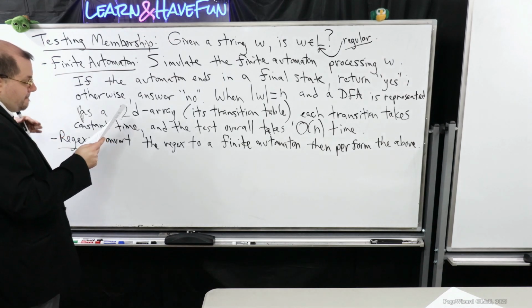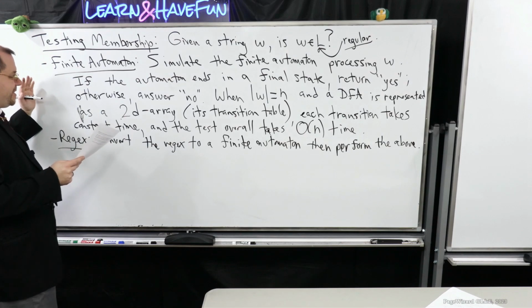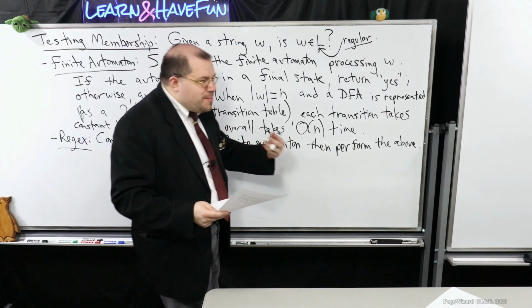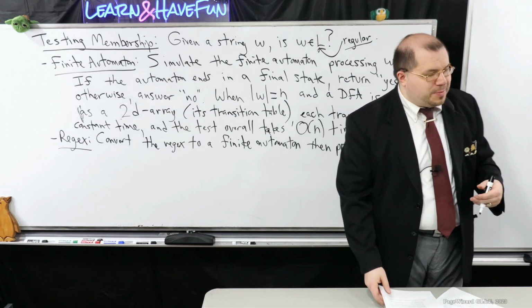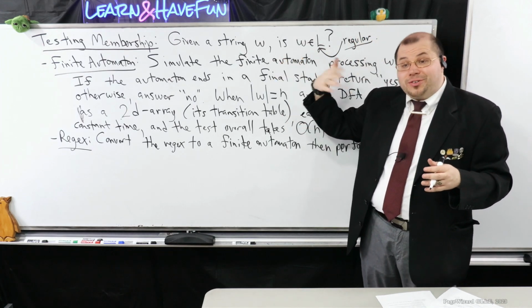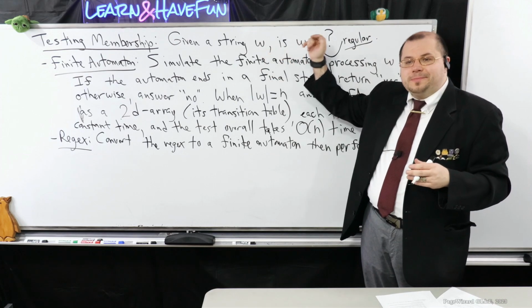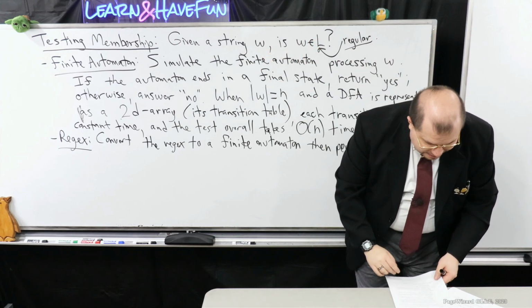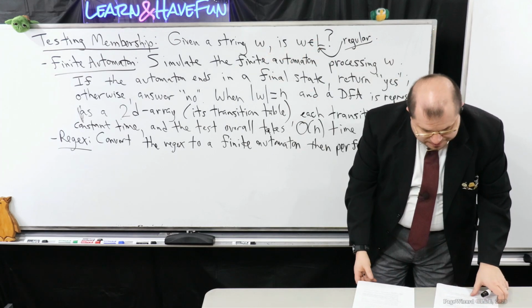Now, this was a piece of cake, right? We've talked about this for many, many lectures. Everything has always been in the context of testing if something's in a language or not in terms of the strings, right? Well, let's ask a different question.